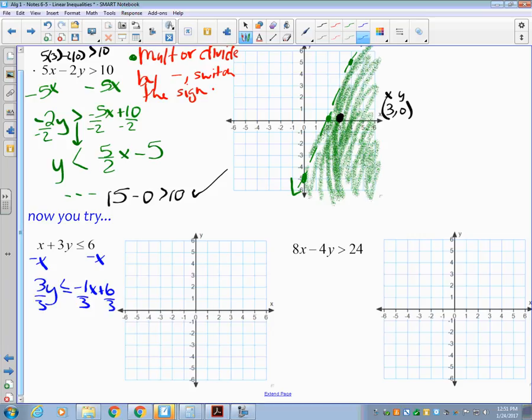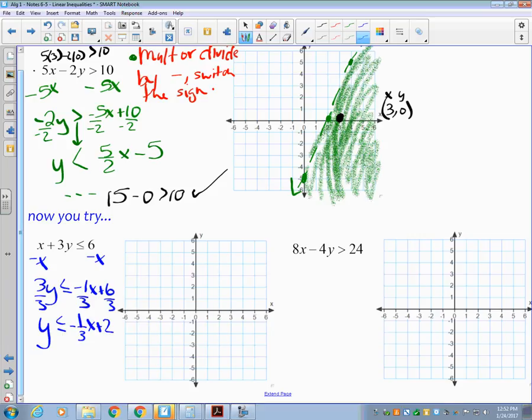I put negative 1x because I know I'm going to have to graph a slope. So I want to make sure I graph that slope correctly. So then I divide everything by 3. 3 is positive, so it keeps my inequality the same. So y less than or equal to negative 1/3 x plus 2.